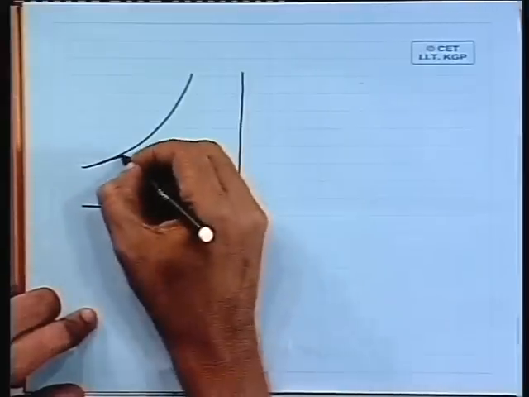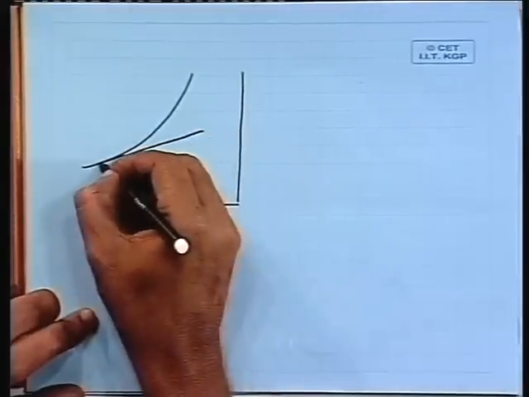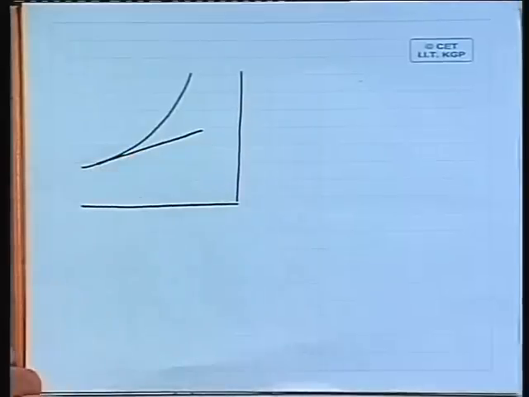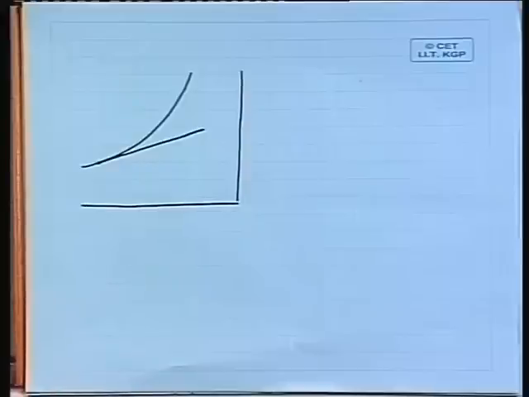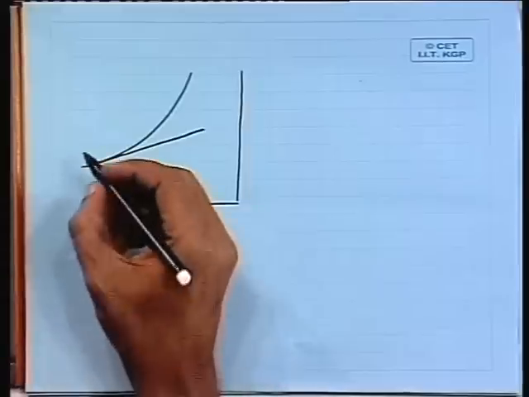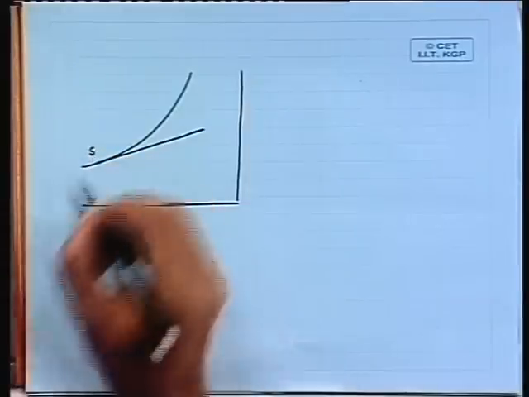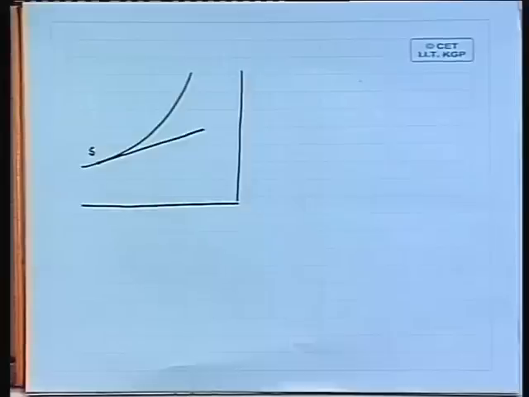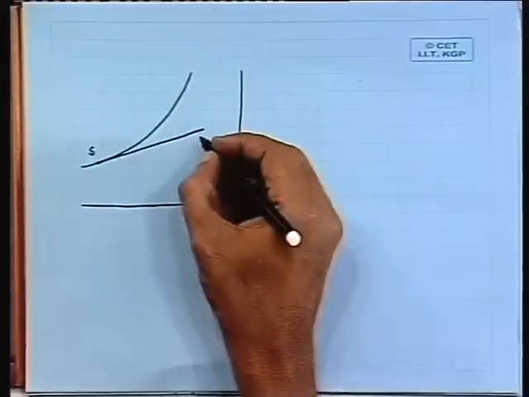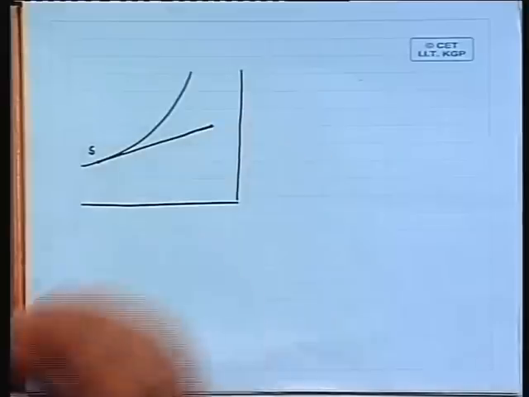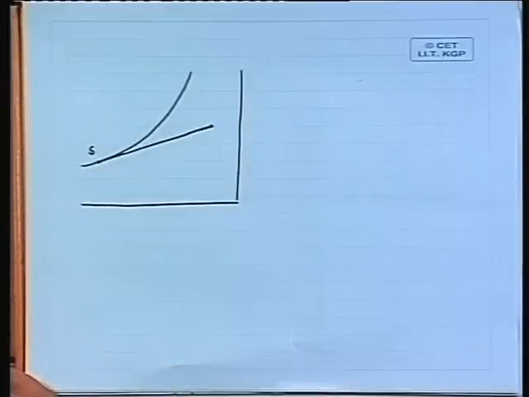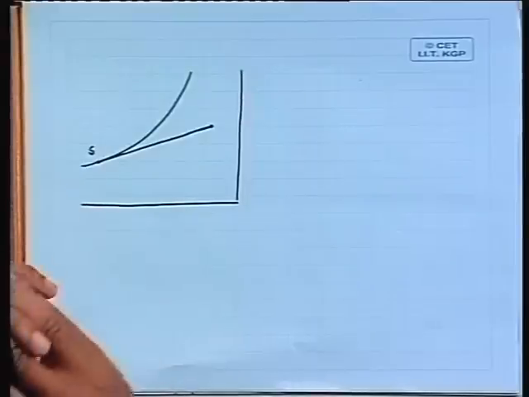Let us say this is the dew point temperature of the cooling coil. It is known as the apparatus dew point temperature, and generally it is represented by S because it is at a saturated condition. And let us say this is the condition at which the air is drawn from outside to the cooling coil.